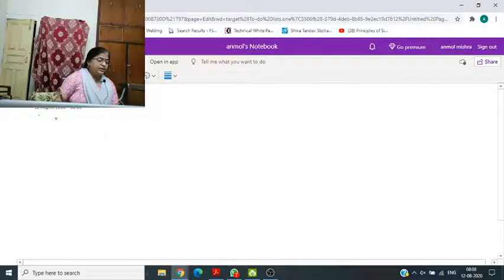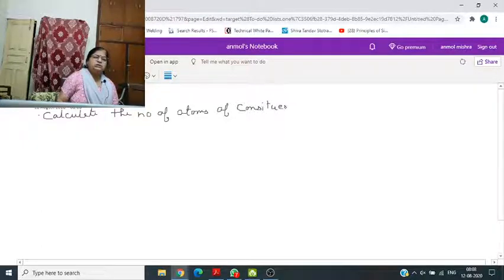Now one more numerical, that is calculate the number of atoms of constituent element in sodium carbonate.